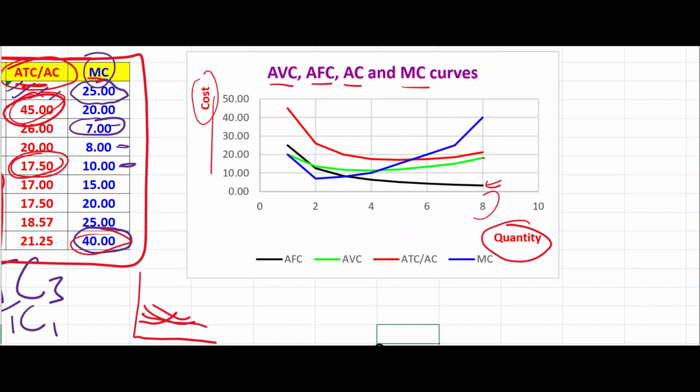And the marginal cost curve is also U-shaped. Some books will show it going upwards from left to right, and that's not actually true. This is where, if you remember when I mentioned putting in that first marginal cost, it's important to construct that graph, because the shape of the U-shaped average cost curve is determined by the shape of the marginal cost curve.